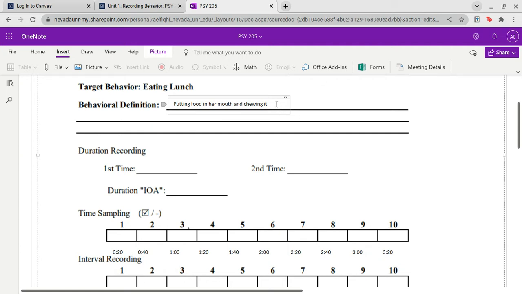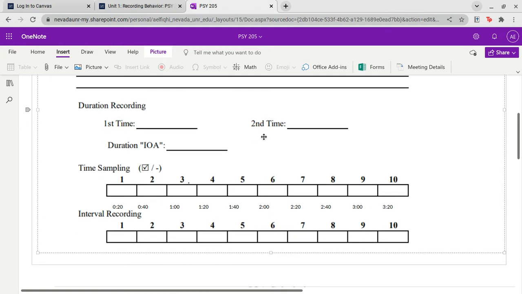So we took that out. You could also add things such as what time of day it is, what the setting is, things like that, depending on where you're observing. But we kept it pretty simple. We just put putting food in her mouth and chewing it. Of course, as time goes on, if you notice there's not a lot of agreement or there's issues with observations, you may want to come back to this definition and change it.